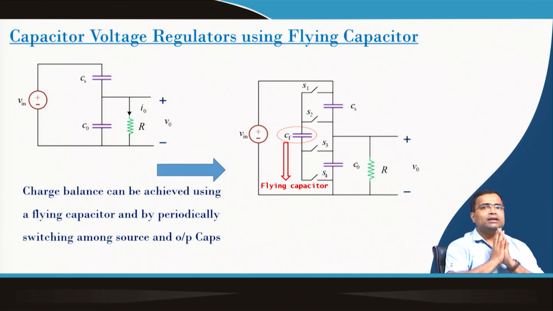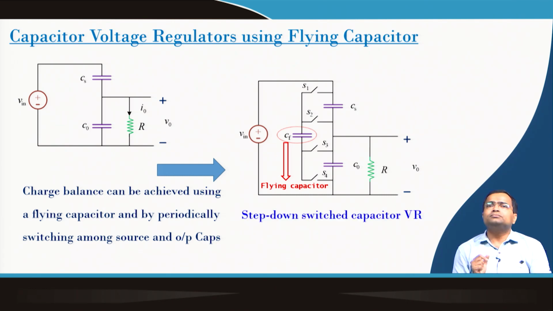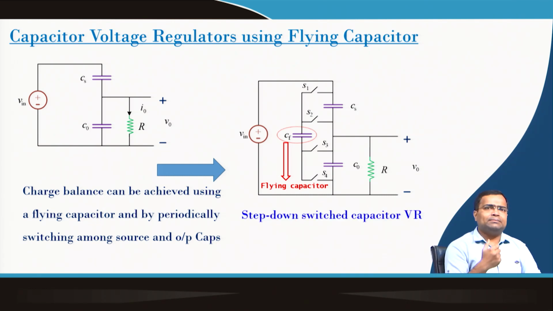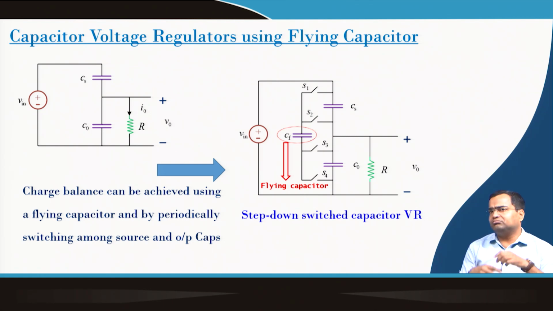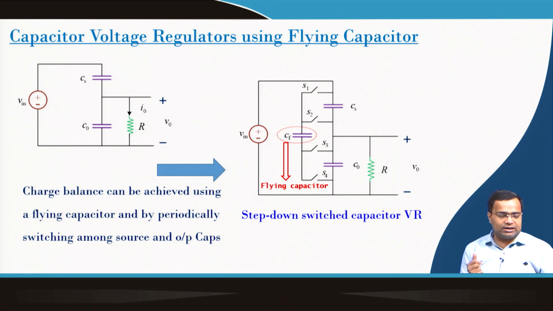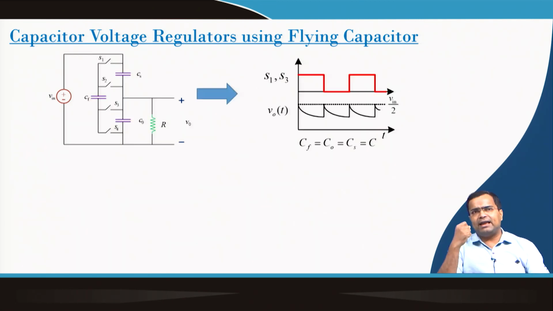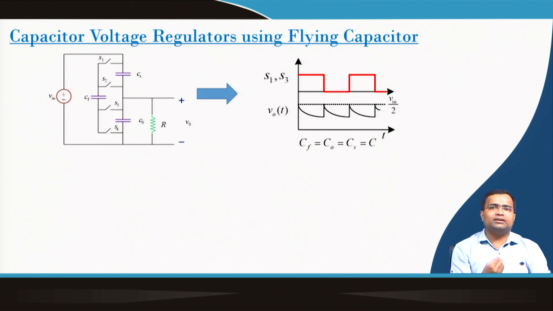Basically, in order to get a voltage balance, we need to do charge balance. This can achieve step down voltage conversion, and these are called step down switched capacitor voltage regulators.